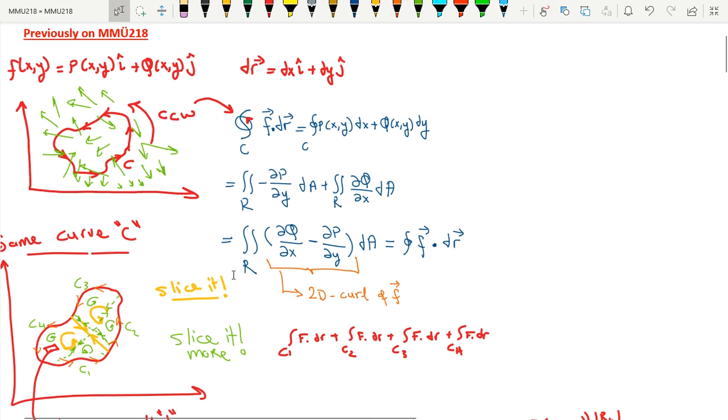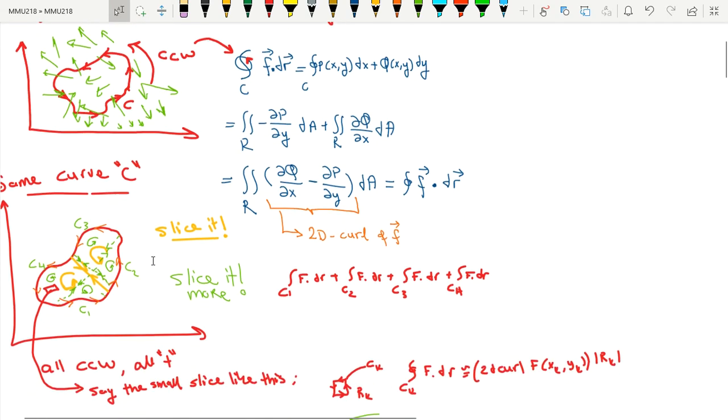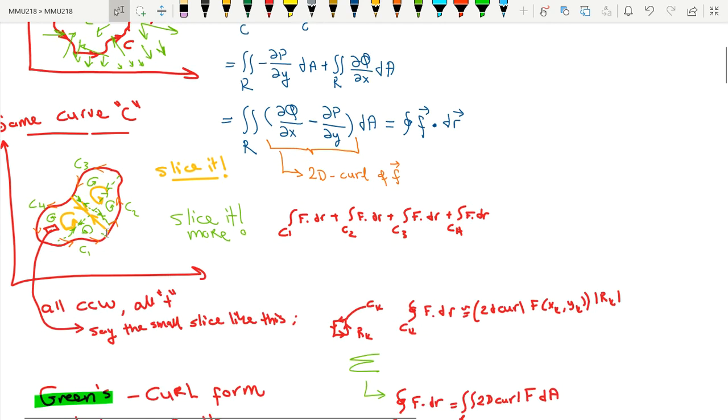Another way to prove that this representation with the curl of F is actually true is by slicing our area further and looking at the rotations that we have here. So let's have a look.